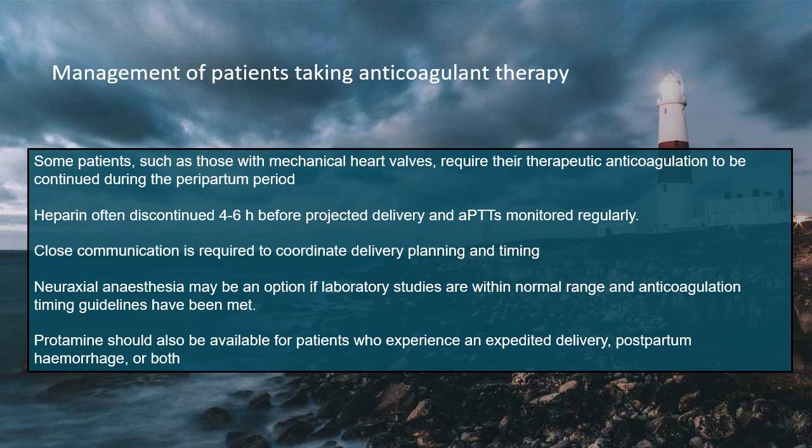Neuraxial anesthesia may be an option, but the laboratory studies must be within normal range and anticoagulation timing guidelines have been met. Protamine is not encouraged to be used to allow a patient to go for spinal or epidural analgesia, but it is suggested to be used if the patient has an expedited delivery, postpartum hemorrhage, or both.